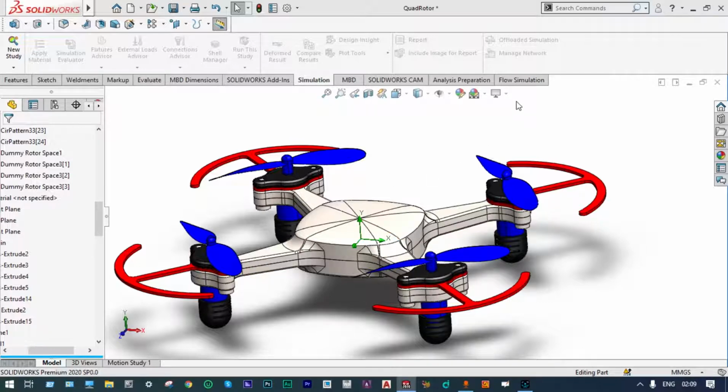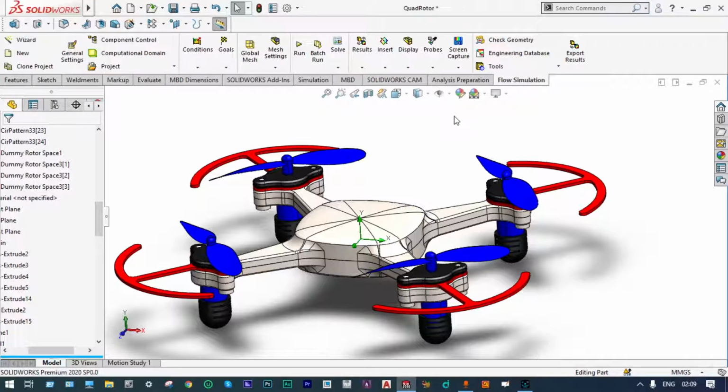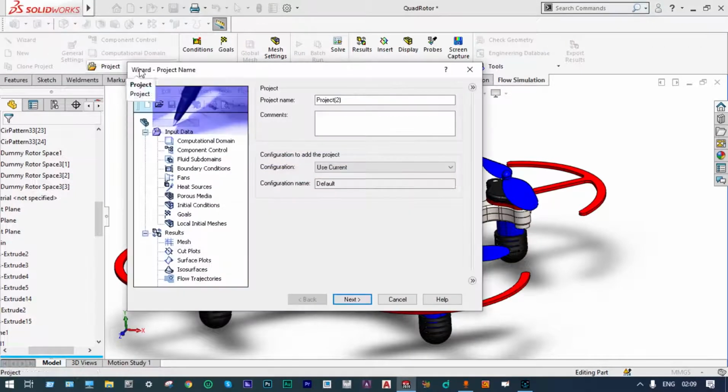We are starting the simulation from flow simulation, and the environment of simulation will be initiated with the wizard itself. We are starting this simulation with the default project name, project 2.